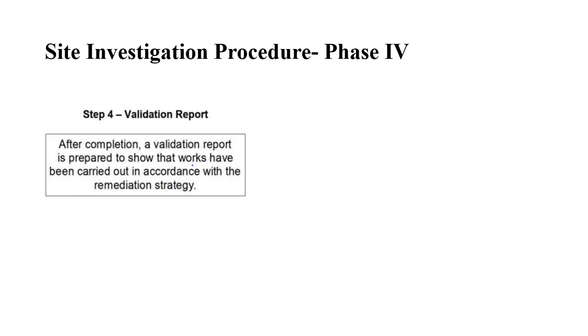Now the phase 4 is the validation phase. You have done the remediation now, but you have to ensure that the contaminated land no longer poses any threat to anyone. Not even to living beings, not even to air, water, and soil. Basically, by means of remediation, you are either physically removing the contaminants, or you are restricting or immobilizing the contaminants within the contaminated area itself.